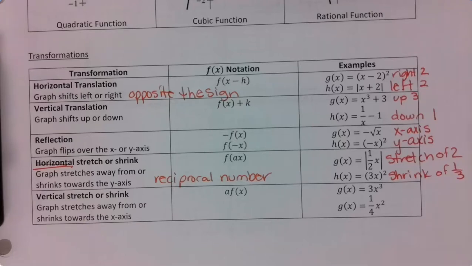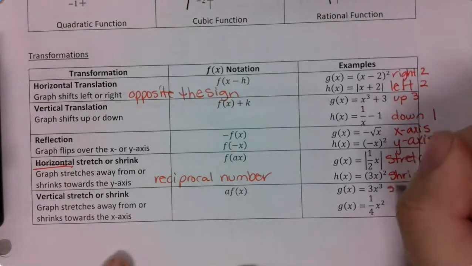Okay. The last one is vertical stretch or shrink. This is outside, so not in parentheses with my x. And it's exactly the same as the number. So if it's a whole number, it's stretching.